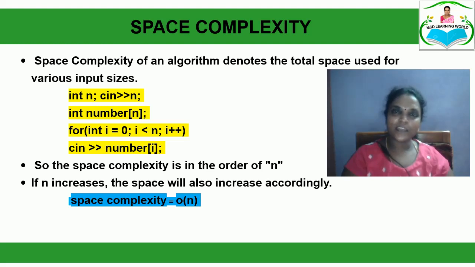Here number is an array variable, so the size of the integer array is determined based on the value of n. So the space complexity of this line of code is order of n. If the value of n increases, then the space allocated for the integer array number also increases. The space complexity of the above program is order of n.